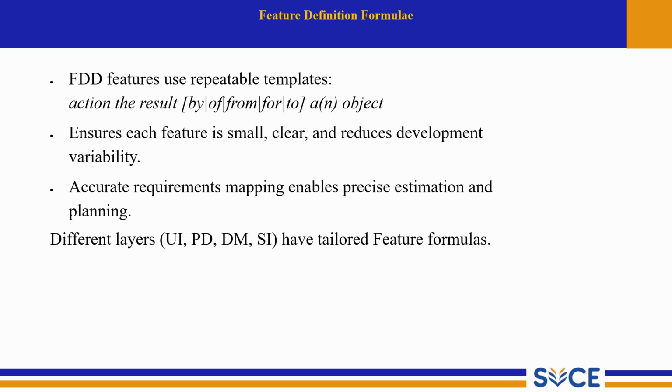The feature definition formulae. FDD features are repeatable templates: an action, the result, by, of, from, for, or, to an object. This means every feature follows a simple sentence-like structure such as calculate the total for an invoice, keeping features uniform and easy to understand.